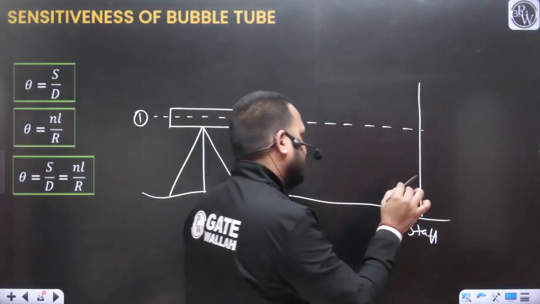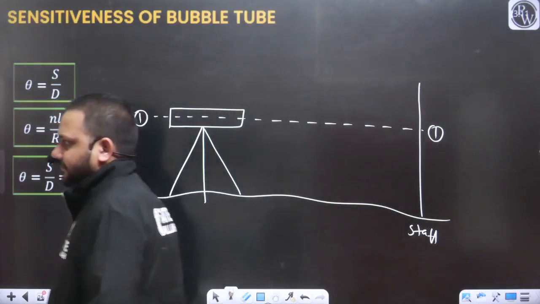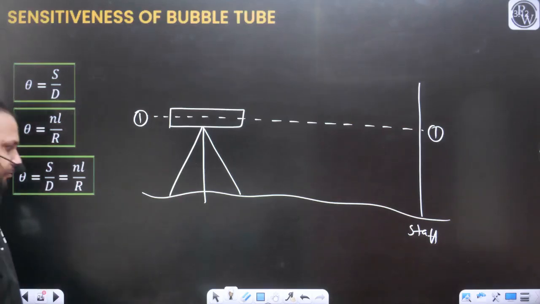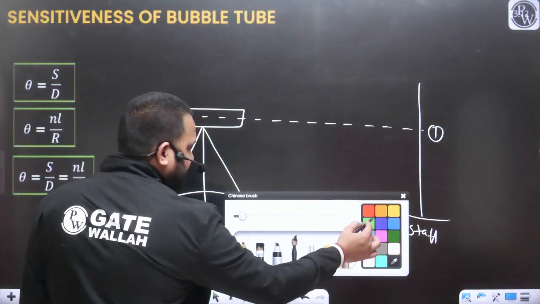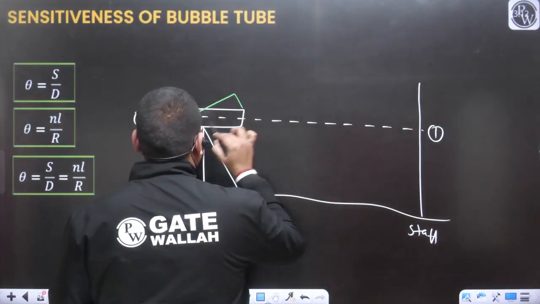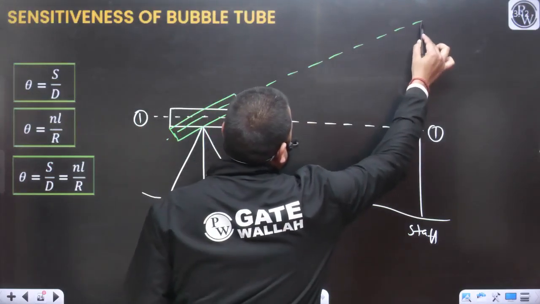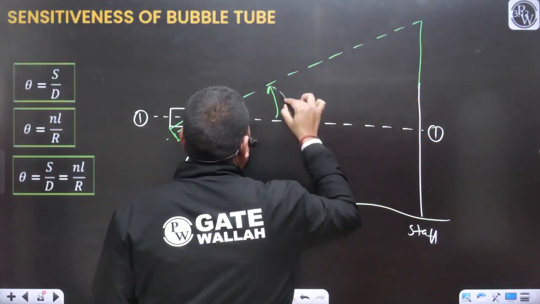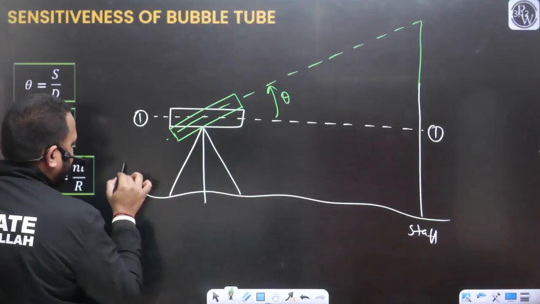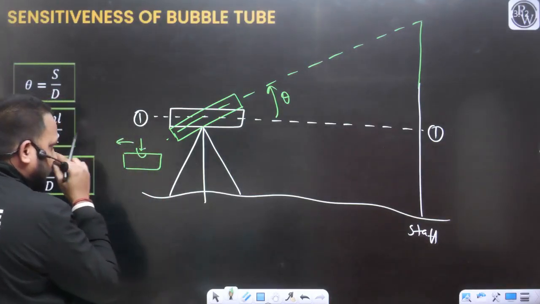Let's say this is position 1-1. Now we are providing a rotation to our telescope, something like this. What will happen due to this rotation theta? The initial position of the bubble was at the center. Now this bubble will move, yes or no?